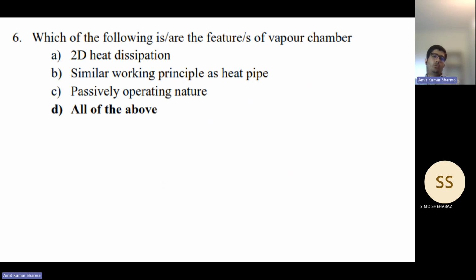Question number 6. Which of the following is a feature or features of a vapor chamber? Option A is 2D heat dissipation, B is similar working principle as heat pipe, C is passively operating nature, and D is all of the above. Take 2 minutes to answer.